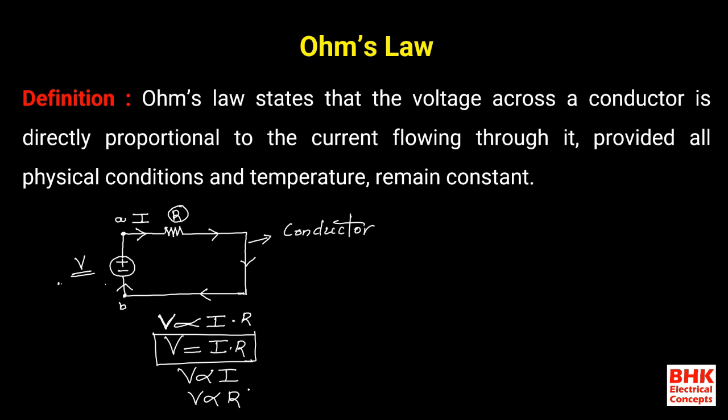This is the expression given by Ohm's law, and the most important point is that except for the current flowing through the conductor, everything else is constant, including the resistance of the conductor. That is the reason why we can also define Ohm's law in another way.